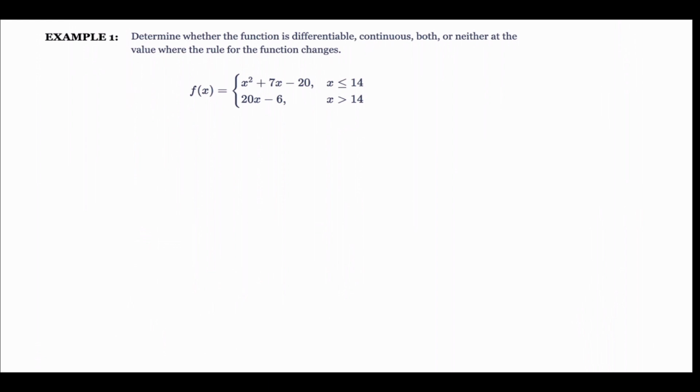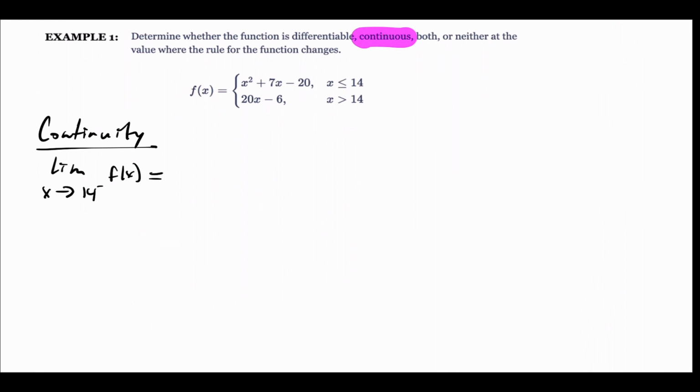So what I'm going to do first is check continuity, because we've done that before. So start with something we know. So continuity. Well, first thing I have to do is check the limit as x approaches 14 from the left. And then I have to check the limit as x approaches 14 from the right.